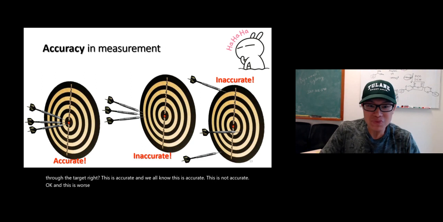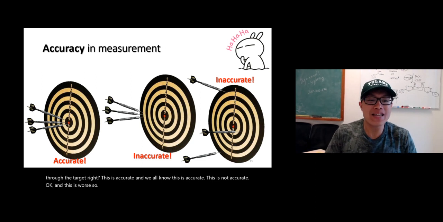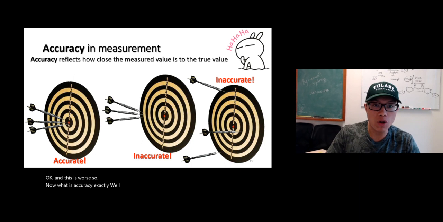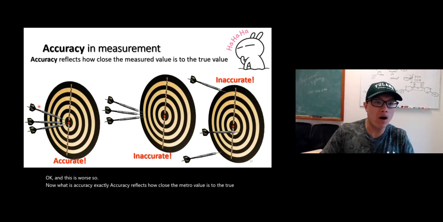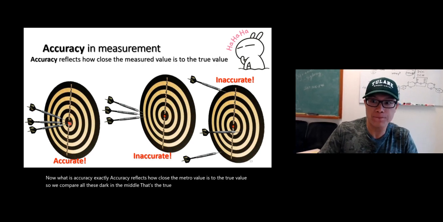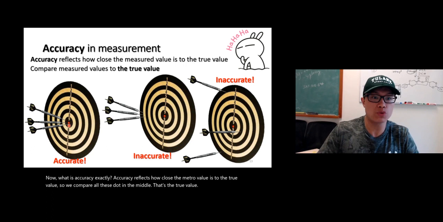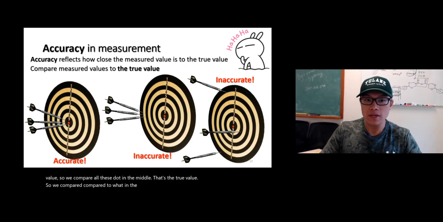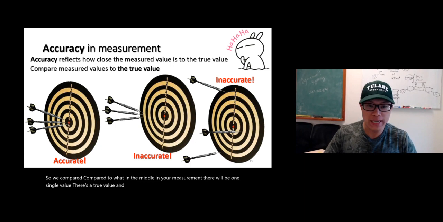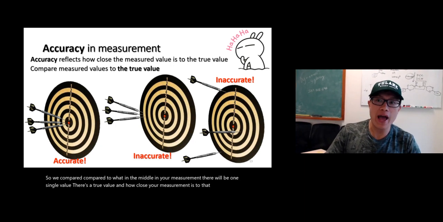So what is accuracy exactly? Accuracy reflects how close the measured value is to the true value. So we compare all these dots to the one in the middle. That's the true value. In your measurement, there will be one single true value, and how close your measurement is to that value tells you about accuracy.